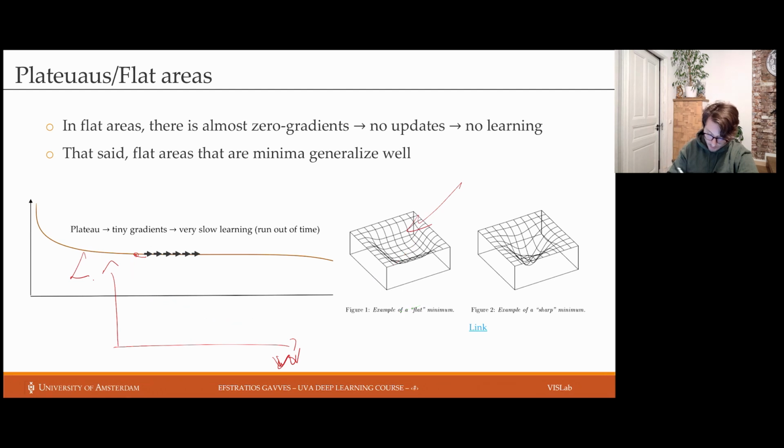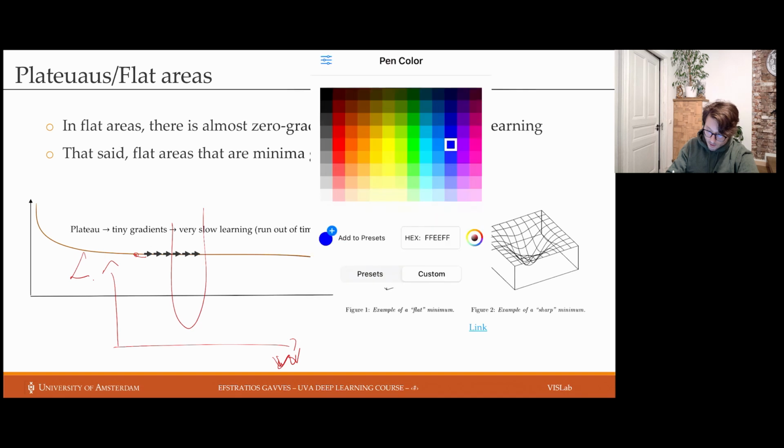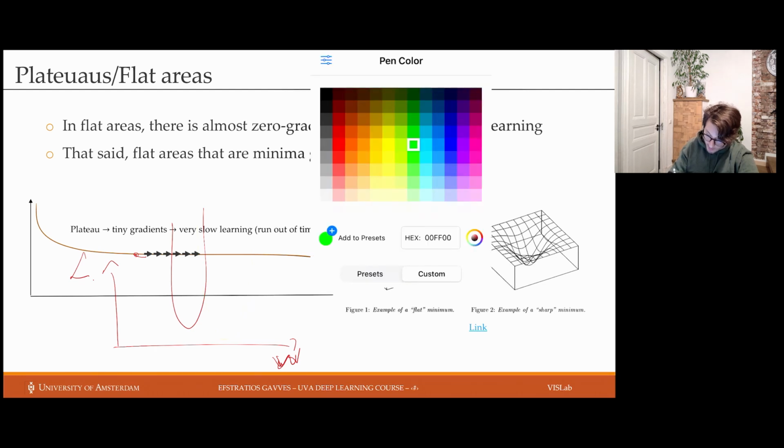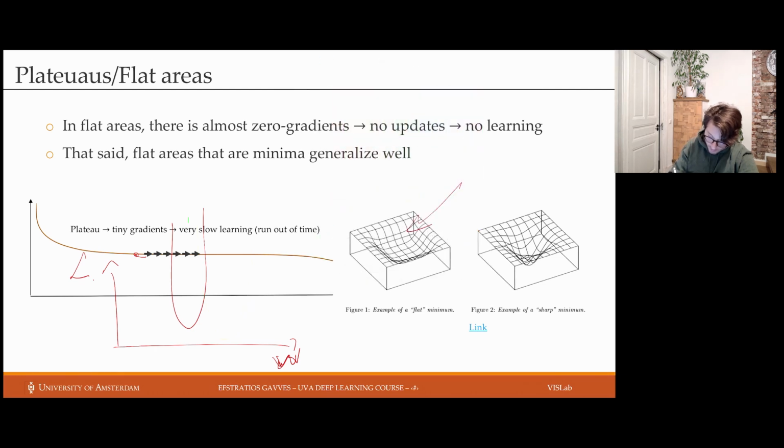Now, if we were to have a much sharper minimum, let's say that this would be our training set, and then our test set surface would be slightly to the right.